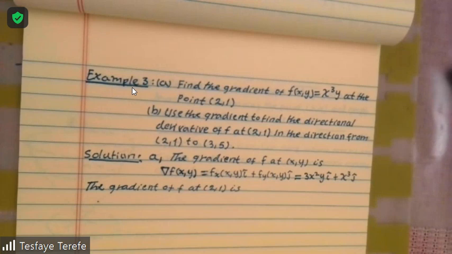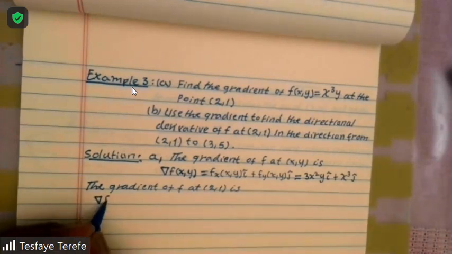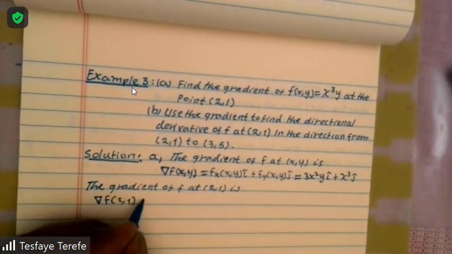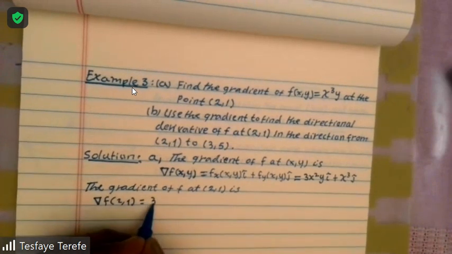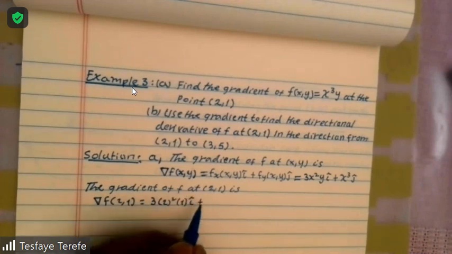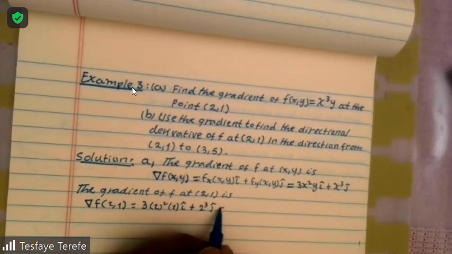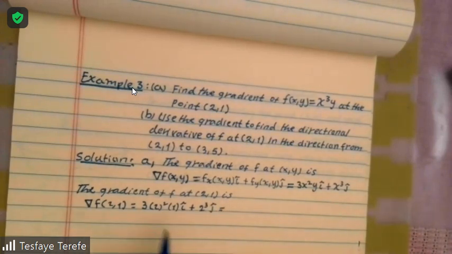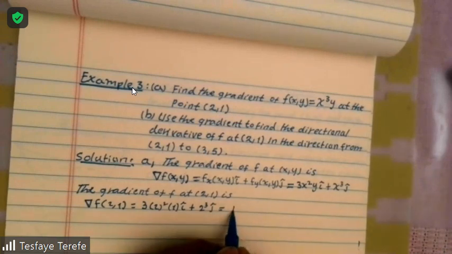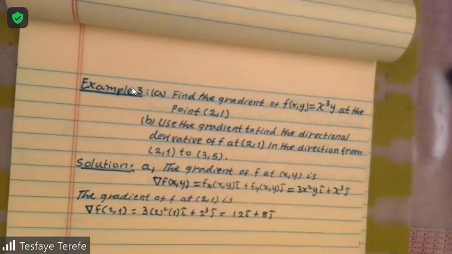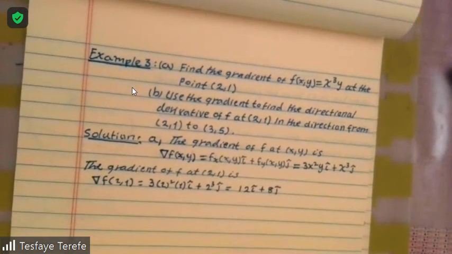So del f is this one, and the gradient of f at the point (2, 1) is 3 times 2 squared times 1 i plus 2 cubed j. So 2 squared times 3 is 12. That's it. So we answered A.